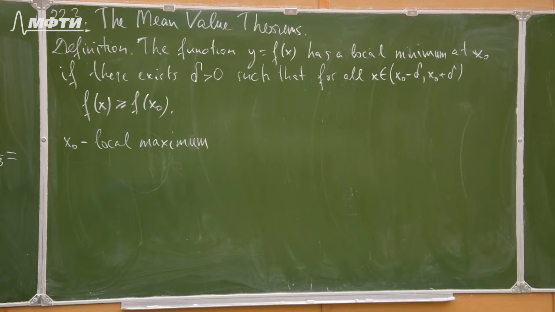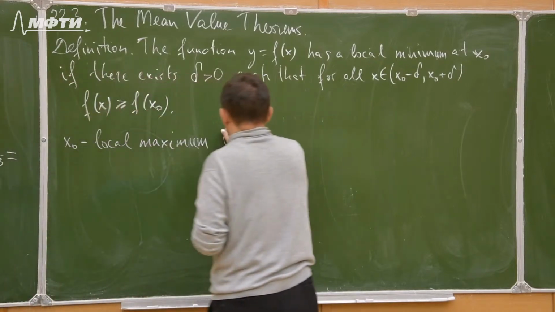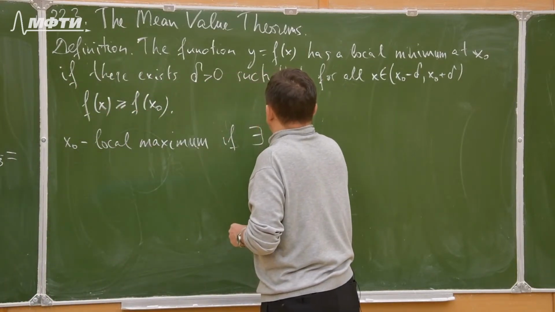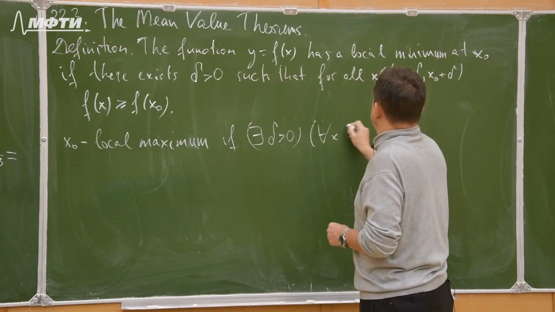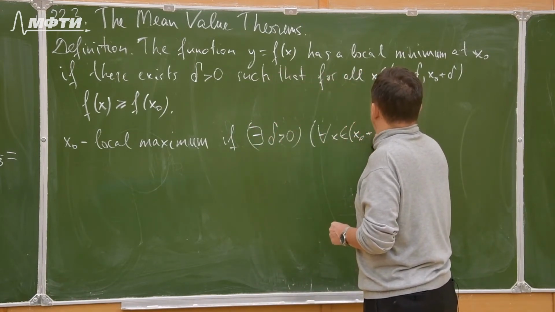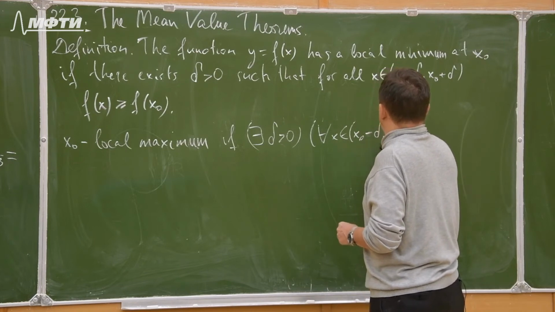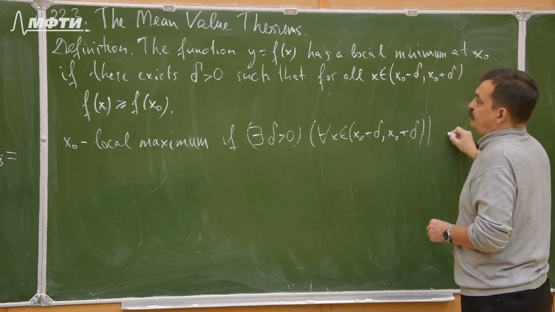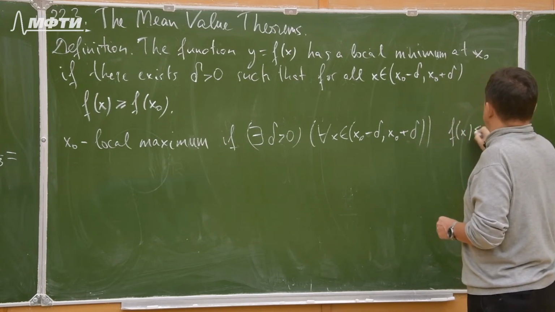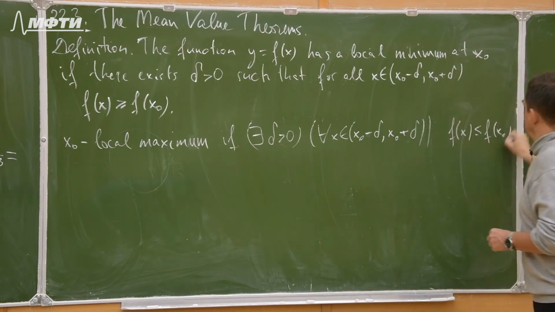So, x0 is a local maximum if there exists delta greater than 0 such that for all x in (x0 minus delta, x0 plus delta), we have f of x less or equal to f of x naught.